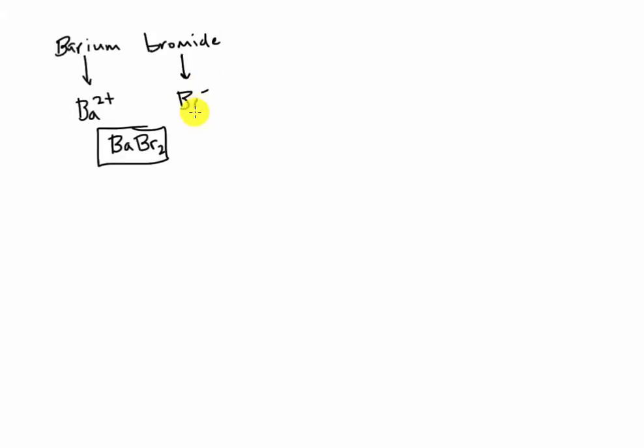I need a -2 on the other side. So I need a second bromide to balance out the +2. Both of these have to attract to the barium. And that's where I get BaBr2. The 2 down here tells you how many ions are in the compound. Remember, this is a neutral compound, so this +2 has to be balanced with the negative charge.